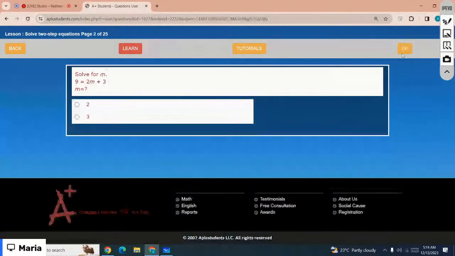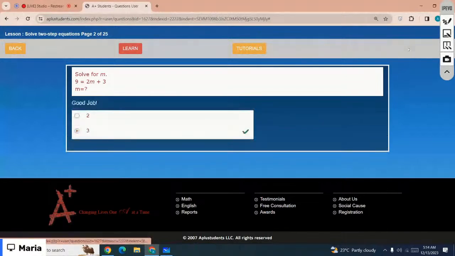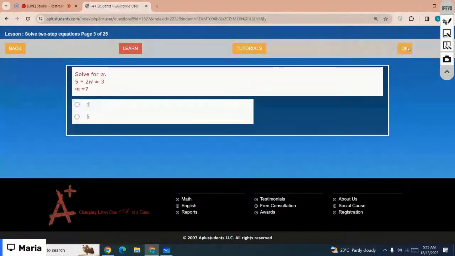Okay, solve for... very good. The correct option is 3. Okay, solve for w, which is the correct option?